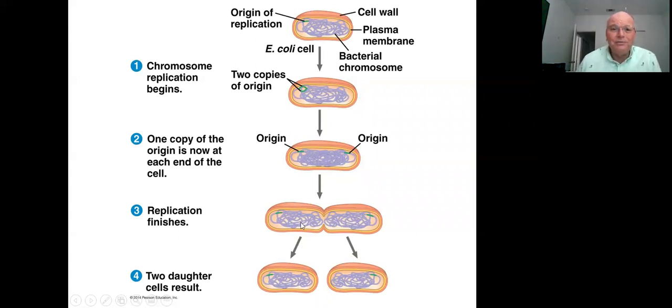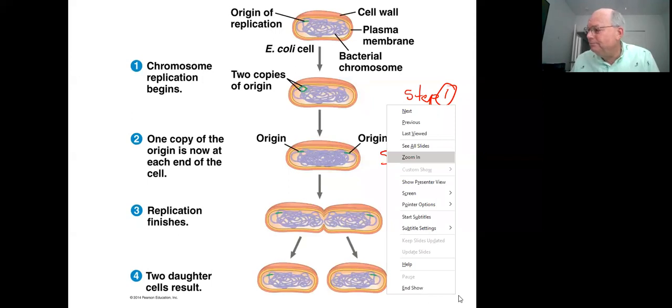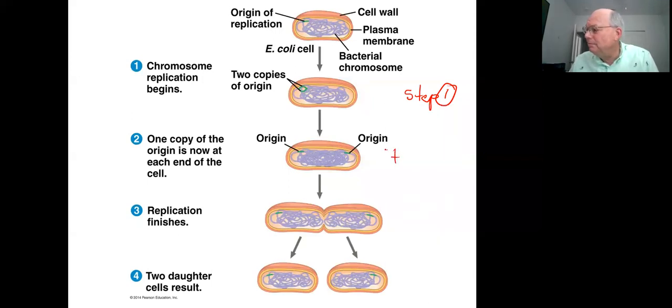This is how bacterial cells divide. So if you want to tie these to the 3 steps, this is step 1. This would be step 2, and this would be step 3 of those 3 fundamental steps of cell division.